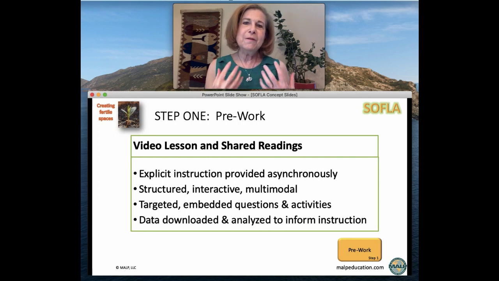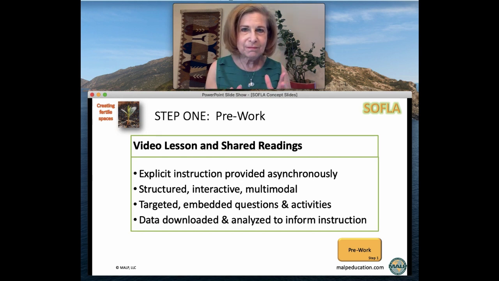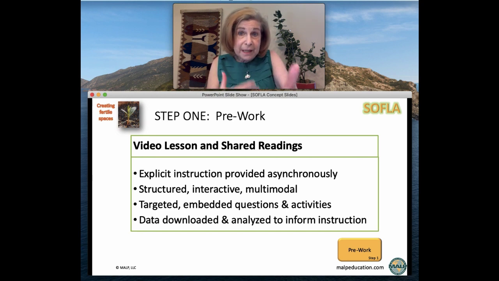interact with information differently. Some students want to listen and watch, like you're doing now, and some want shared reading, to interact with the reading, comment as they go, and read along.